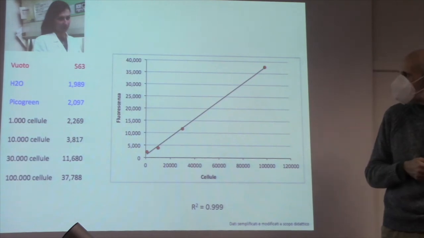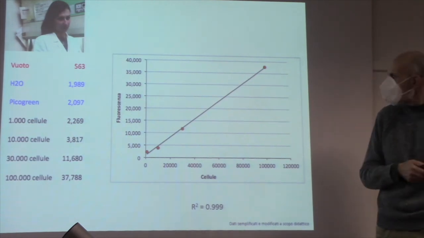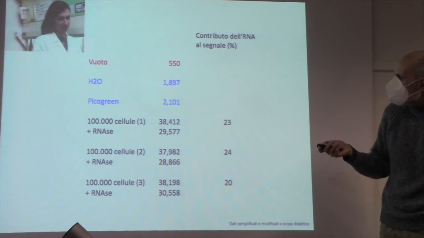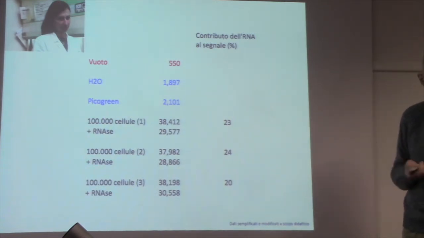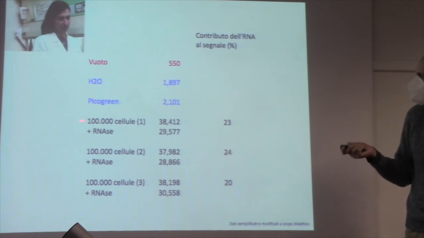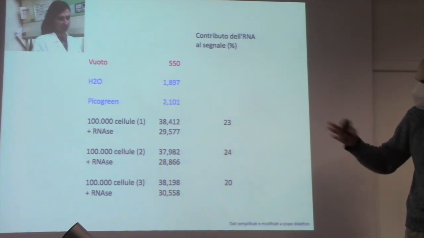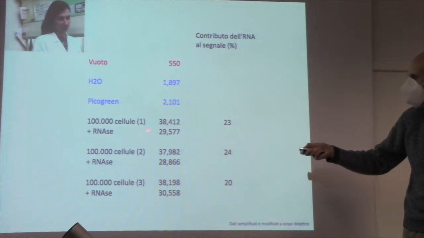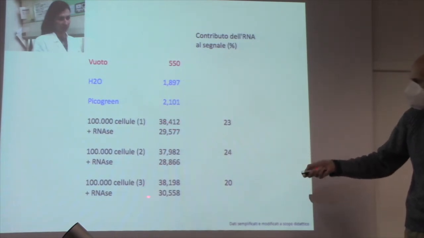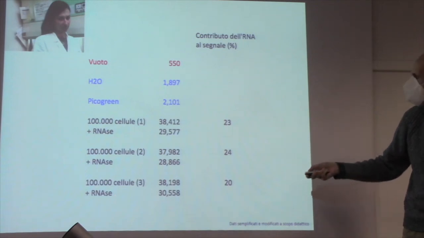What Sarah did was to, in fact, use RNAase, and so she read by picogreen 100,000 cell lysate before and after, in fact, there were parallel lysates, without or with RNAase. 100,000 cells without or with, so this is a triplicate experiment.